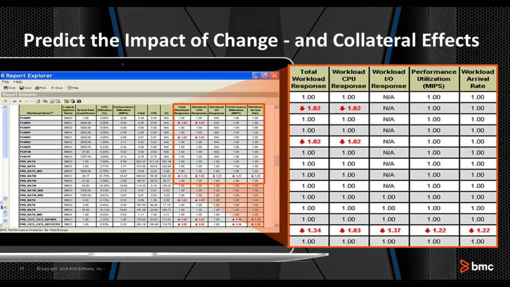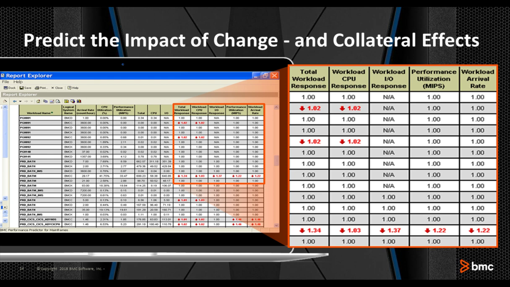So all of these are the types of what-ifs that capacity management wants to be able to deal with. The key is to be able to predict the service that's going to be delivered, typically in terms of response times, as well as the capacity that's needed, the utilization.